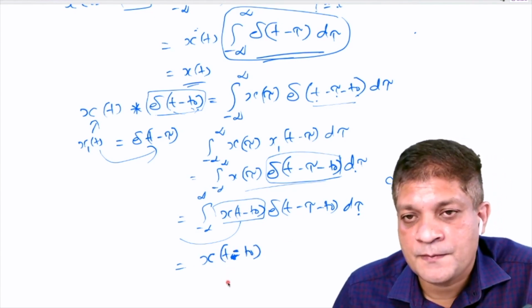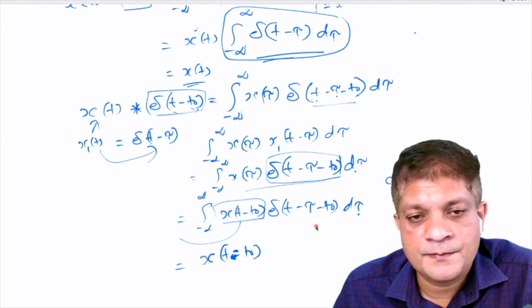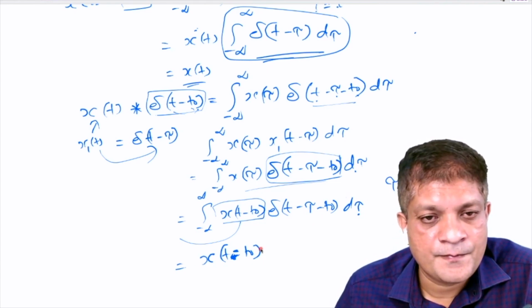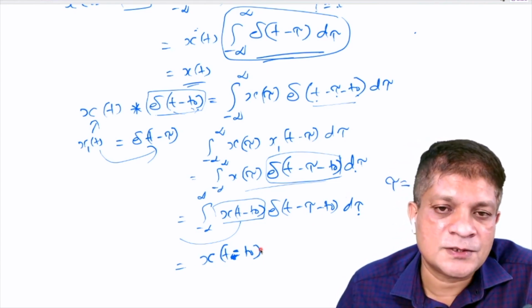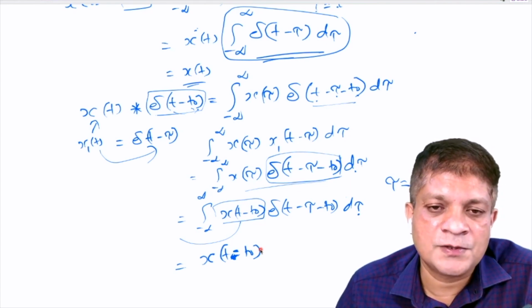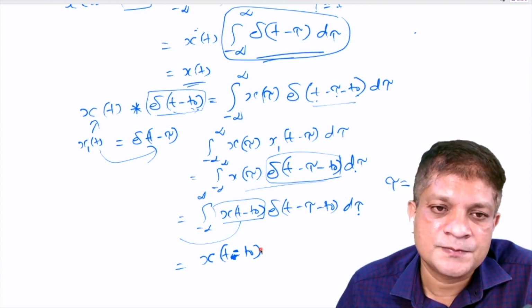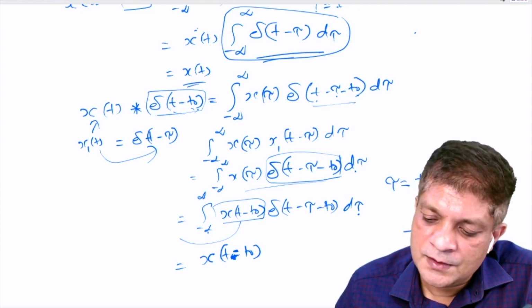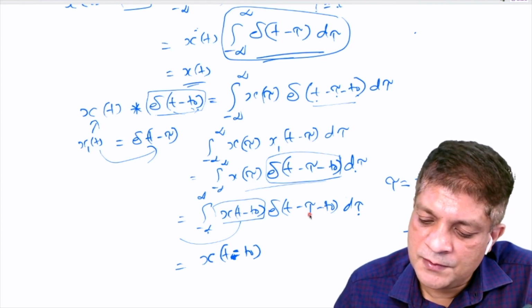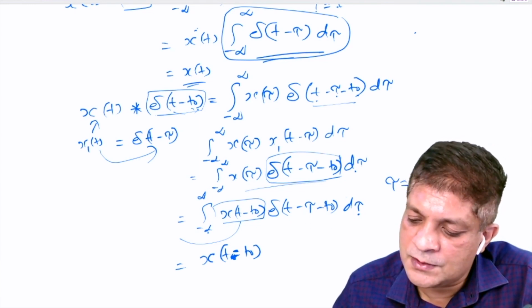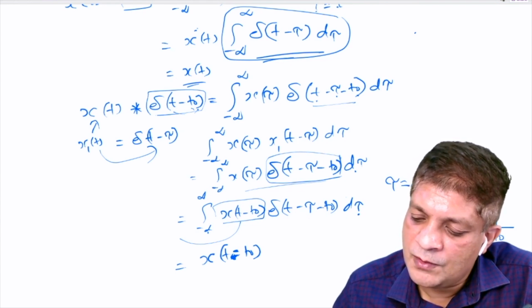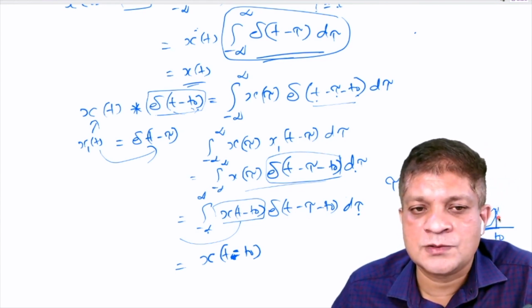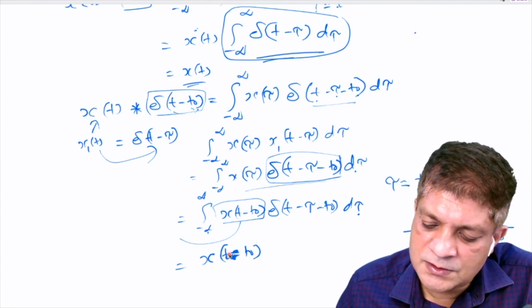What is this integral? It is the area under an impulse. Even if you shift that, it will remain 1, because you are integrating from minus infinity to infinity. If you shift that impulse by t naught, this is a delayed impulse, and the area is also 1. So it is x(t minus t naught).